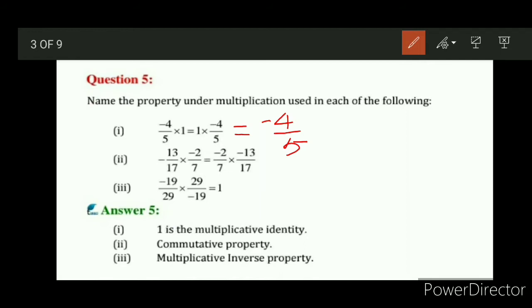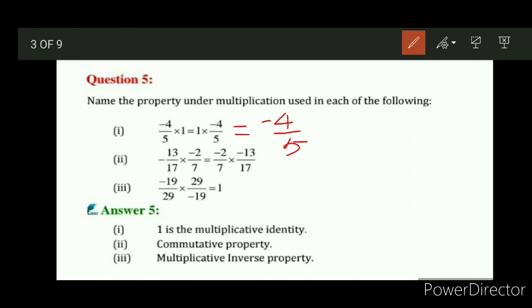1 is the multiplicative identity, or this property is named as multiplicative identity. Second problem, minus 13 by 17 into minus 2 by 7 is equal to minus 2 by 7 into minus 13 by 17. Here the numbers are in different order. So we know that it is commutative property for multiplication, right? Answer given below. Next, third one, multiplicative inverse property.